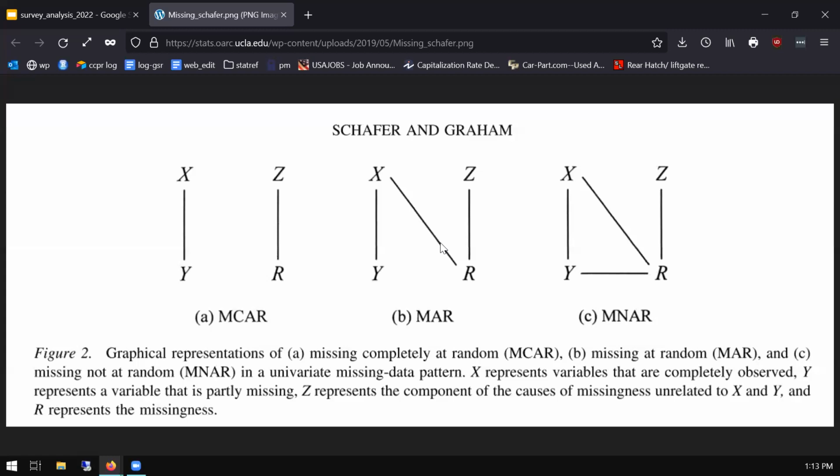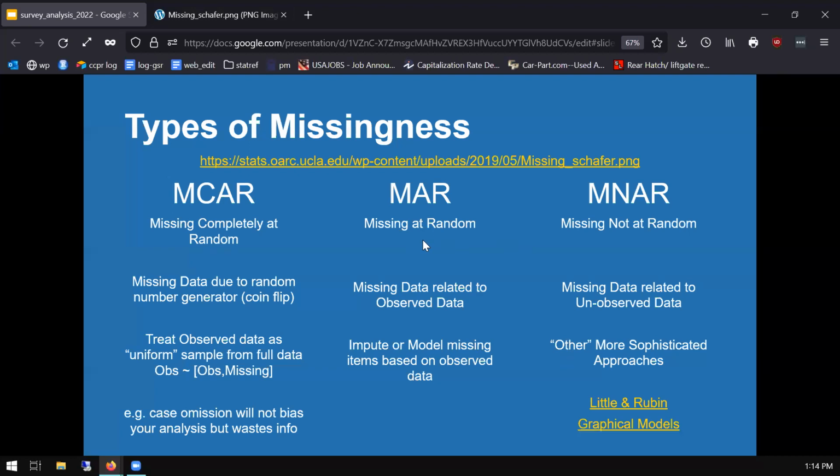What if older people did not respond? You know, what if you're younger, you're more likely to respond? So that missing at random situation is here. The 30 people could be imputed by an observed variable you think is related to whether they respond or not.